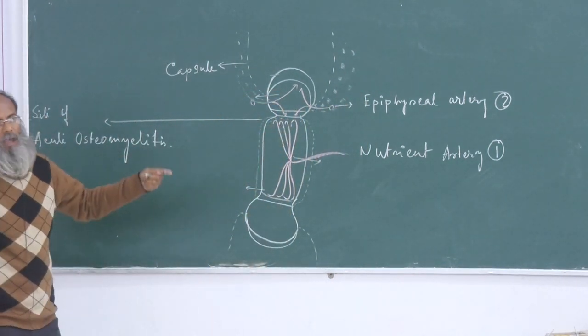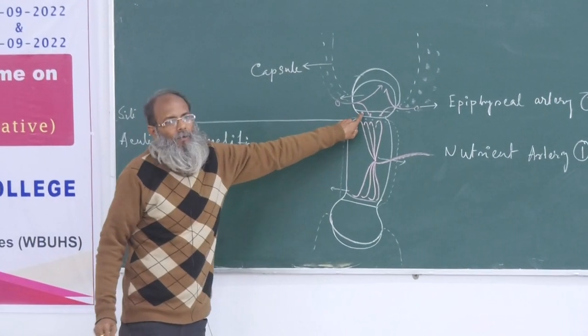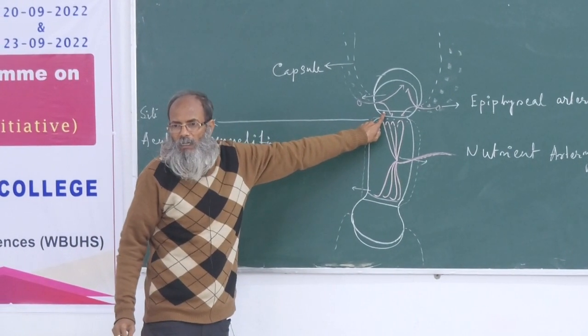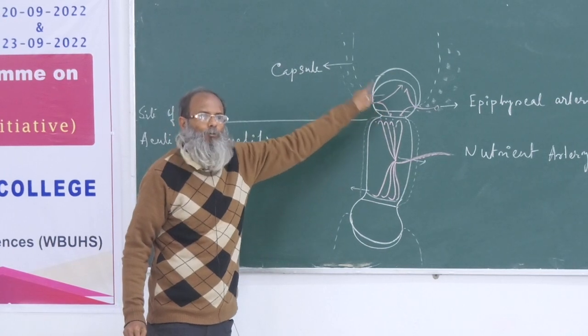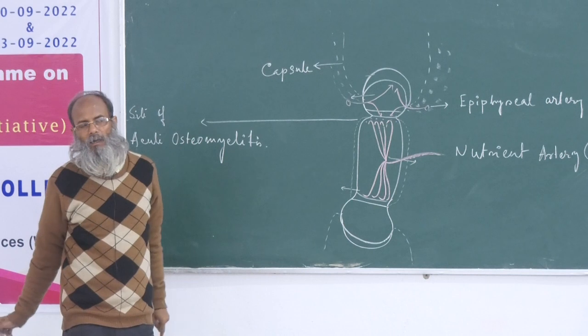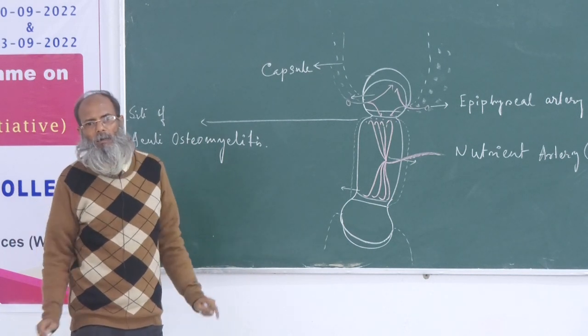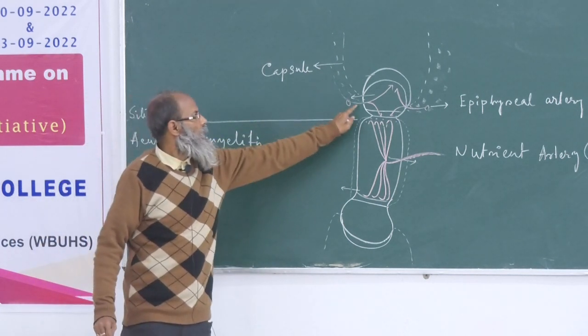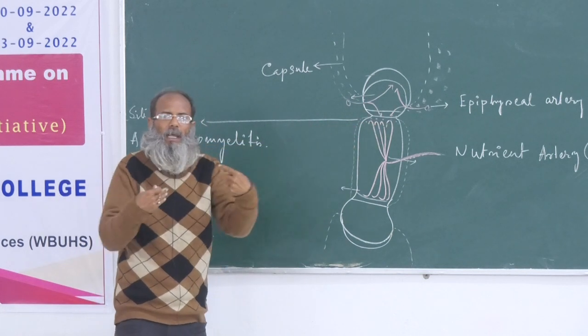And this is away from the epiphyseal cartilage, entering within the epiphysis along with the capsular tissues. It enters through this capsular flap.